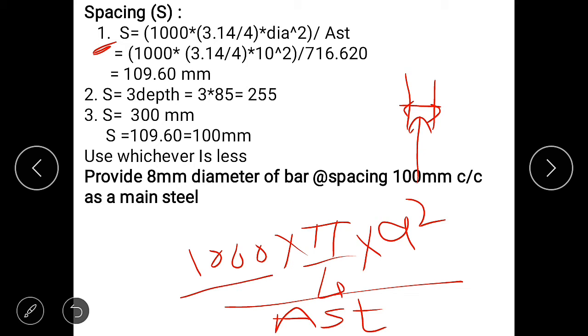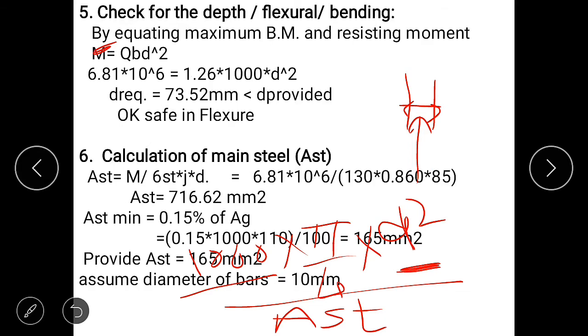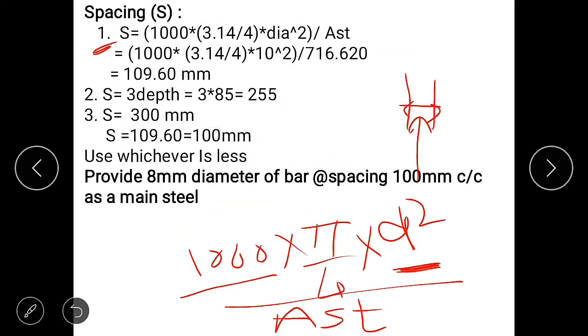Here d means diameter of bar, and we consider the diameter of bar as 10 mm, divided by AST. In the last step we found AST, the area of steel, which is 716.62. So the spacing here is 109.62. So we consider 109, around 100 mm.